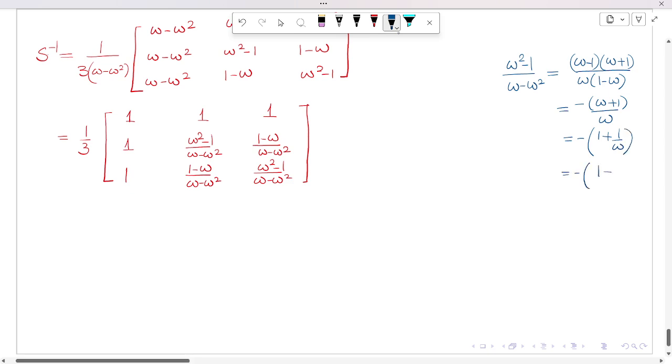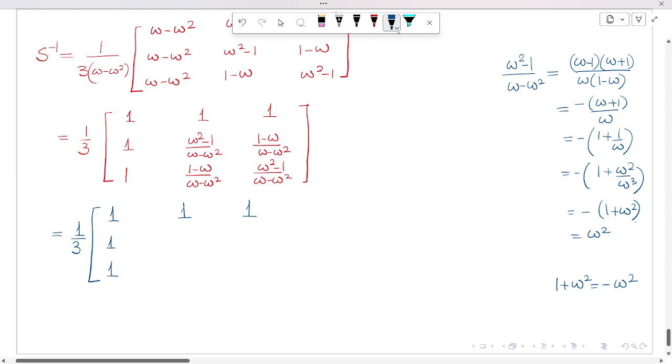Now multiply this by omega square and divide also by omega square, and omega cube is 1, so this is minus 1 plus omega square, and 1 plus omega square is equal to minus omega square, so this thing is omega square. So this thing is omega square. Similarly, this thing is also omega square.